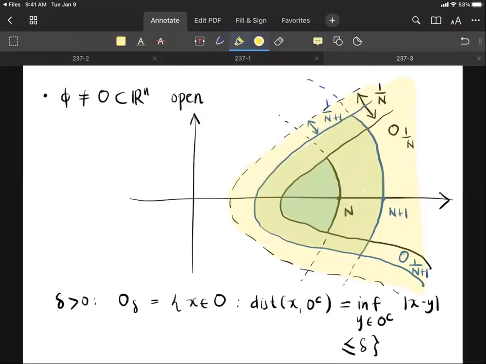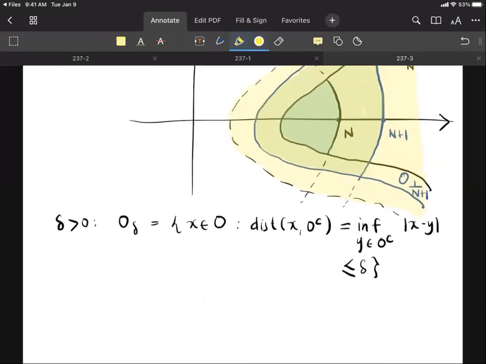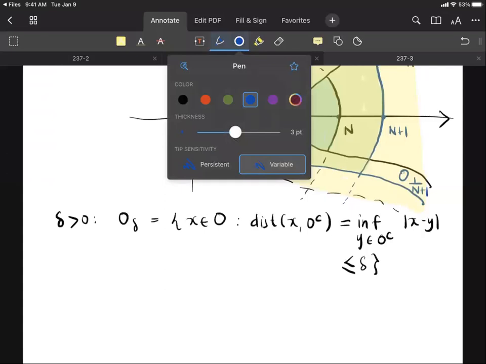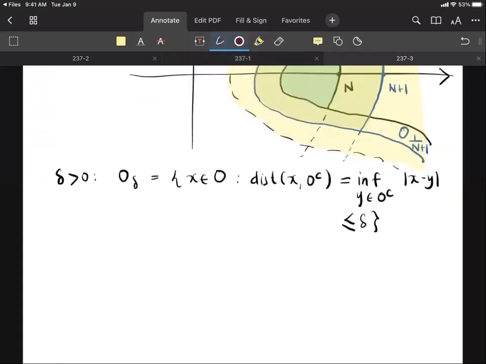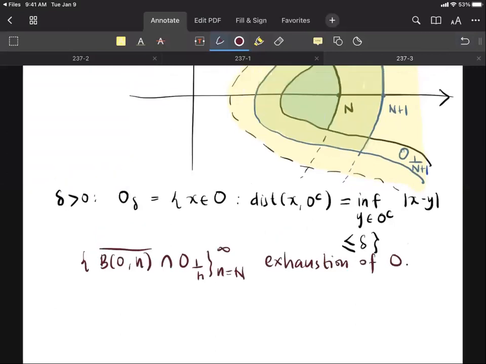So by increasing n, you exhaust the open set O. With that, we can write that the closed ball having radius n, from capital N, intersected with the closed set O sub 1 over n, small n, with n from capital N to infinity, is an exhaustion of the open set O.